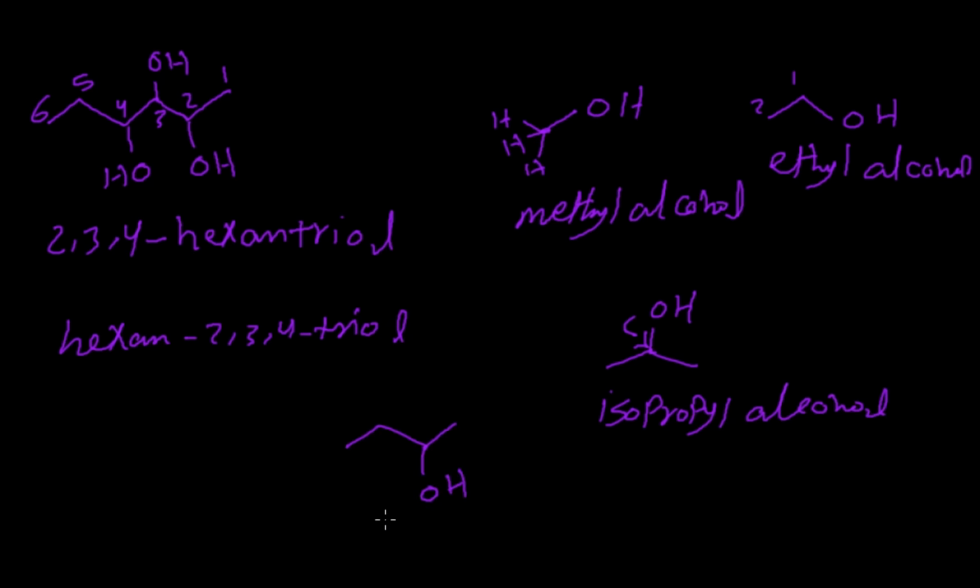How about naming this compound in the conventional way? So this is 1, 2, 3, 4. This should be sec butanol. And this one, where you have 3 alkyl chains on the center carbon, which is attached to the hydroxyl group.